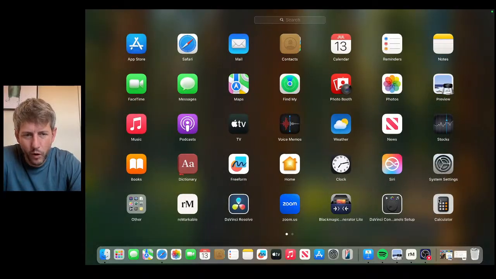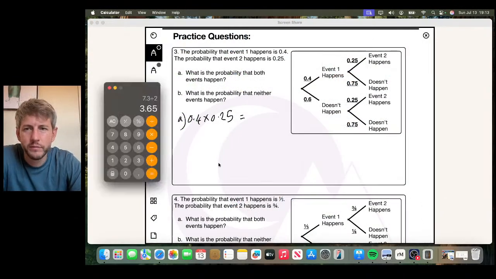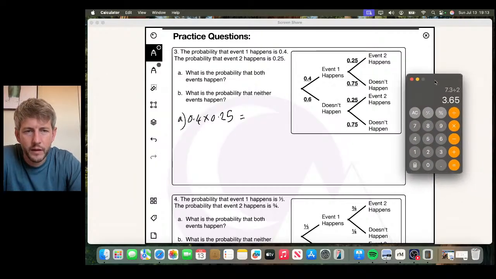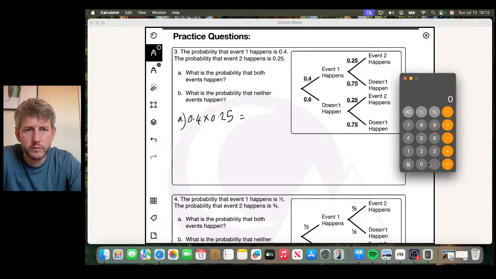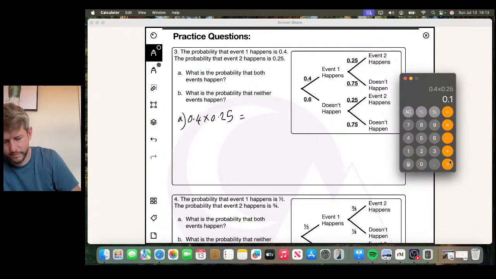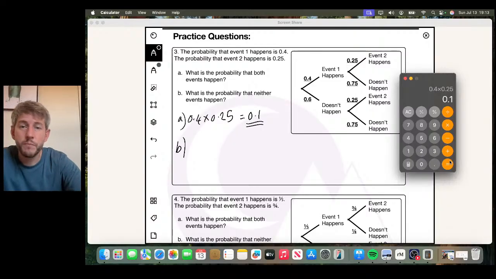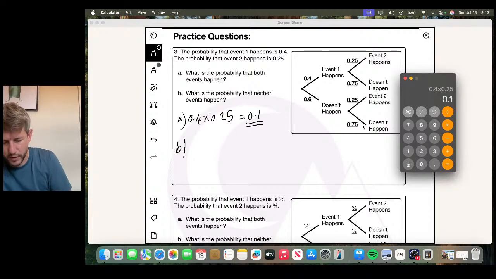I feel like it's going to be 0.1 even. Yeah. What is the probability that neither events happen? So we've got 0.6 times 0.75.